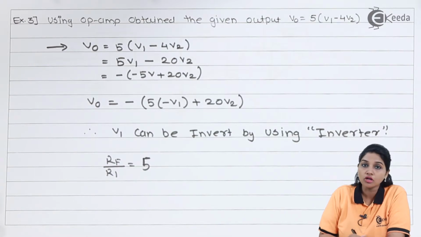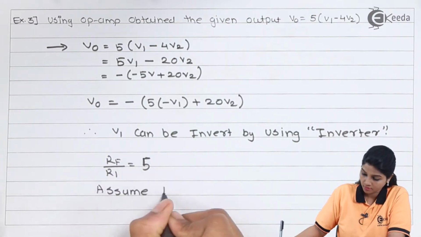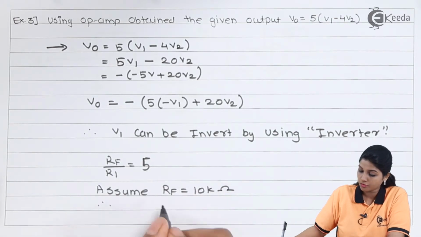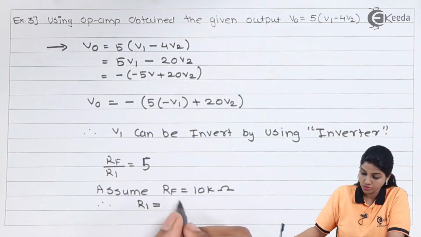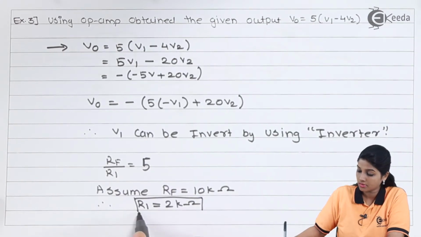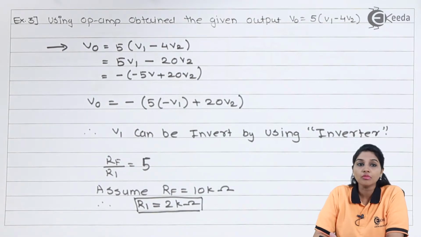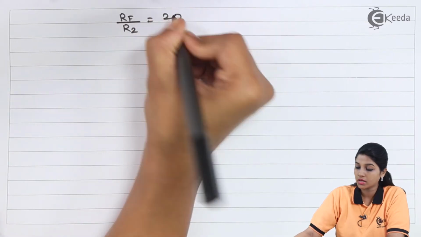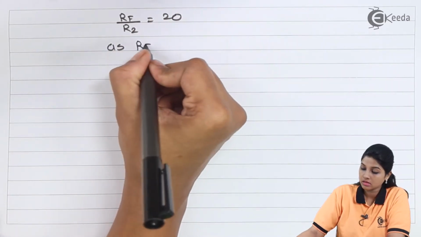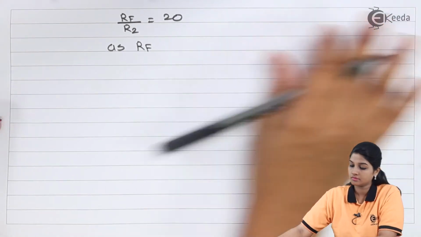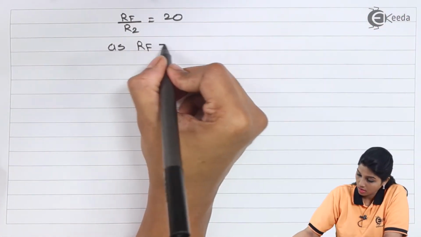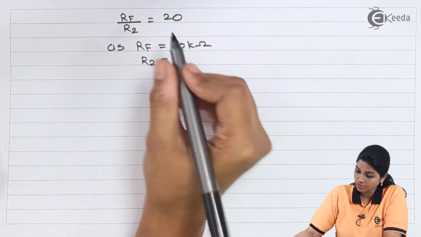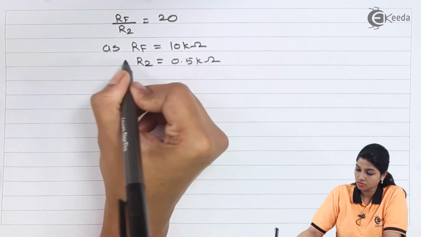Now let's assume the value of RF as 10 kilo ohms. Therefore we will get R1 equals 2 kilo ohms. Similarly, to obtain the output as 20V2, we get RF by R2 is equal to 20, as RF equals 10 kilo ohms. So we will get R2 equals 0.5 kilo ohms.